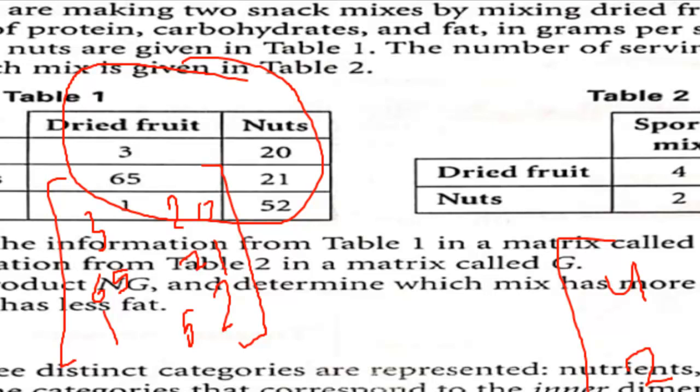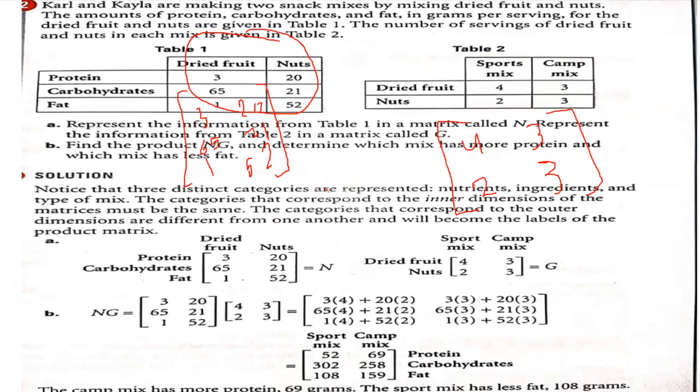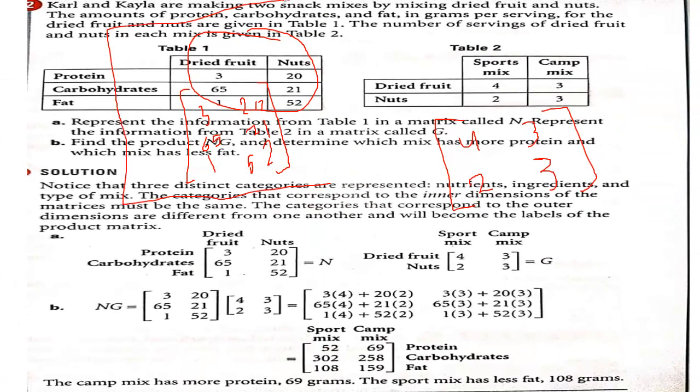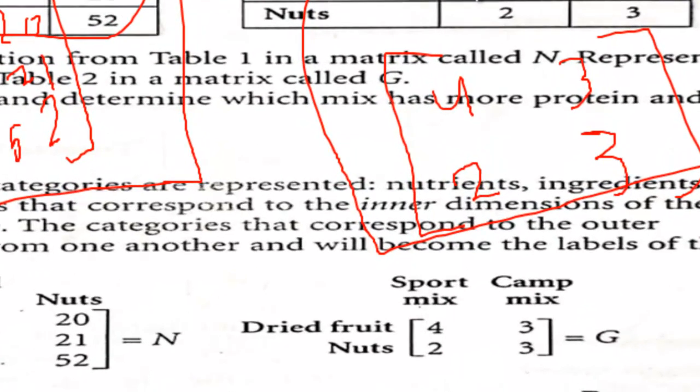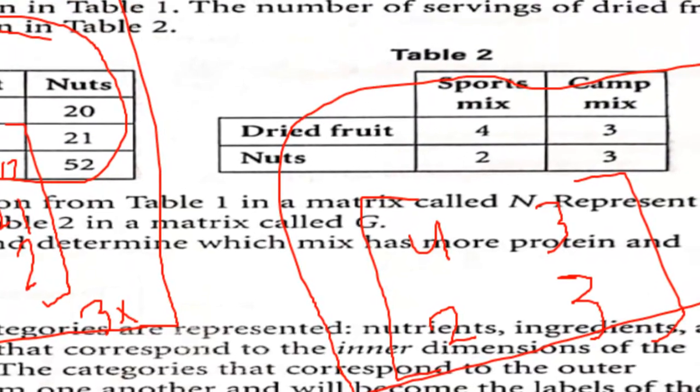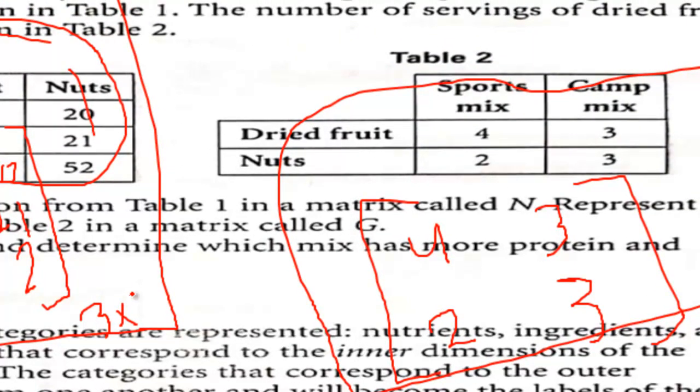So we need to find the product of this matrix and this matrix. Let's see if that can be done. We have here how many rows? 1, 2, 3. So 3 times how many columns? We have just 1 and 2. So 3 times 2.